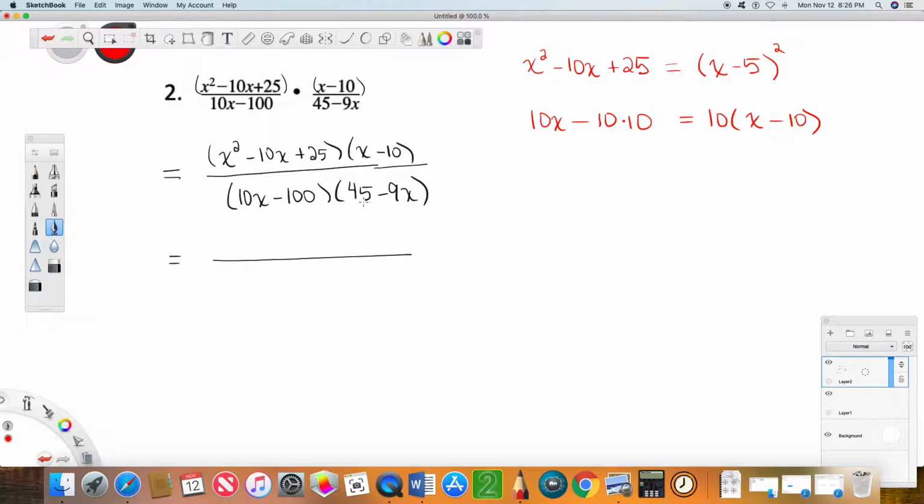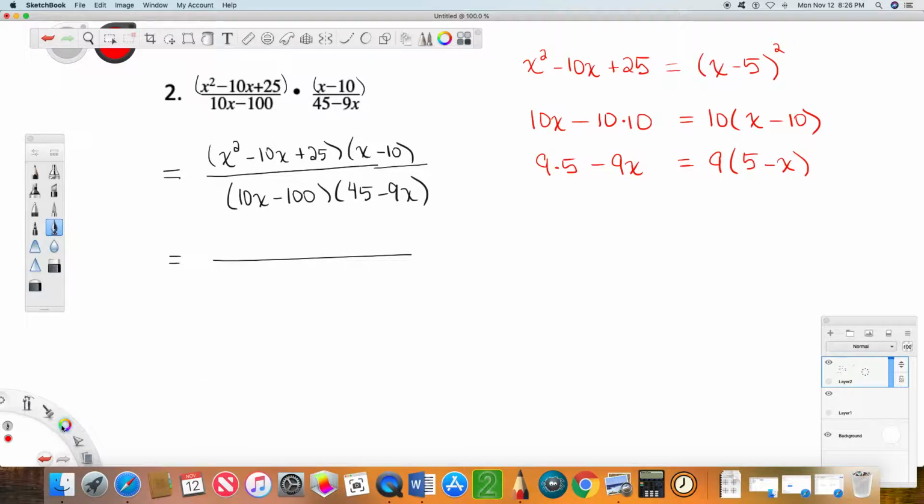And let's take a look at this binomial 45 minus 9x. Let's rewrite 45 as 9 times 5. And we've got 9x. And what do you know? We have a 9 that's common to both terms, and we can factor that out. What we have left in the first term is just a 5, and in the second term, minus x.